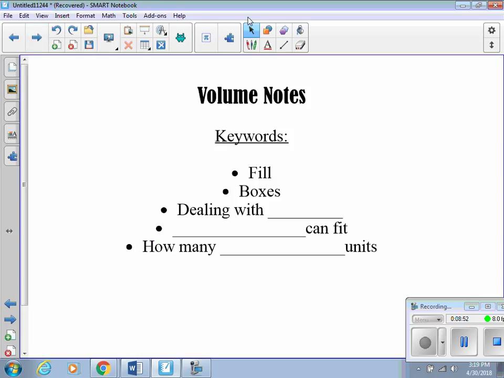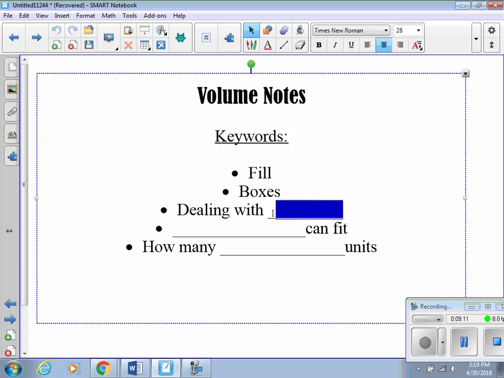Alright, so let's look at some key words that, when you read them in a word problem, would tell you that you need to find the volume. Some of those are going to be fill, boxes, anything that is dealing with water is going to mean that you're finding the volume.